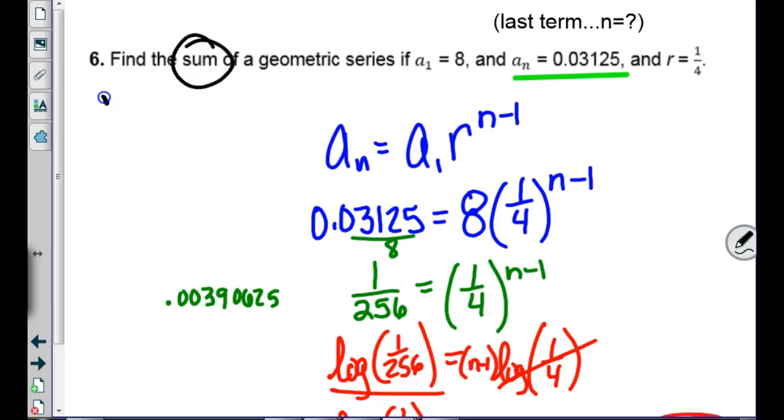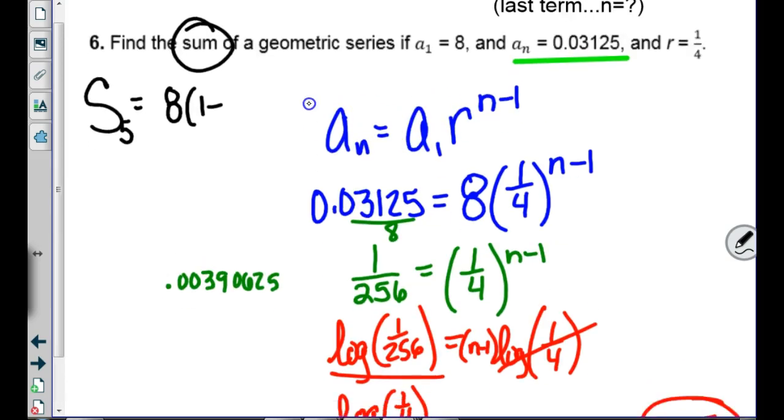The sum is actually the first term times 1 minus, what is r? N is 5, yes. R is 1/4 to the n, which is 5, all divided by 1 minus 1/4.